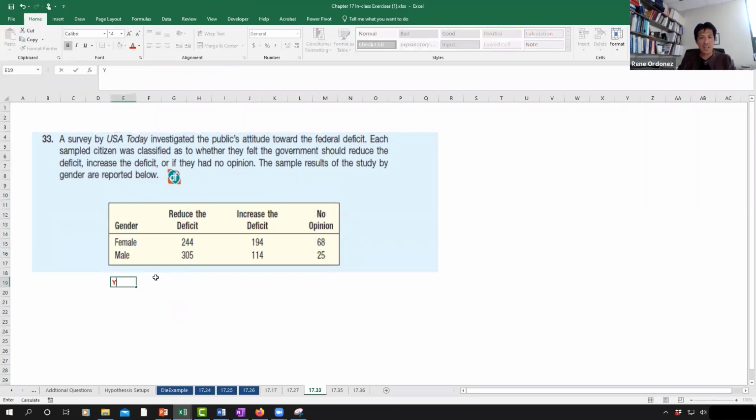So here, the response variable is opinion on the reduction of the deficit. And X is gender.